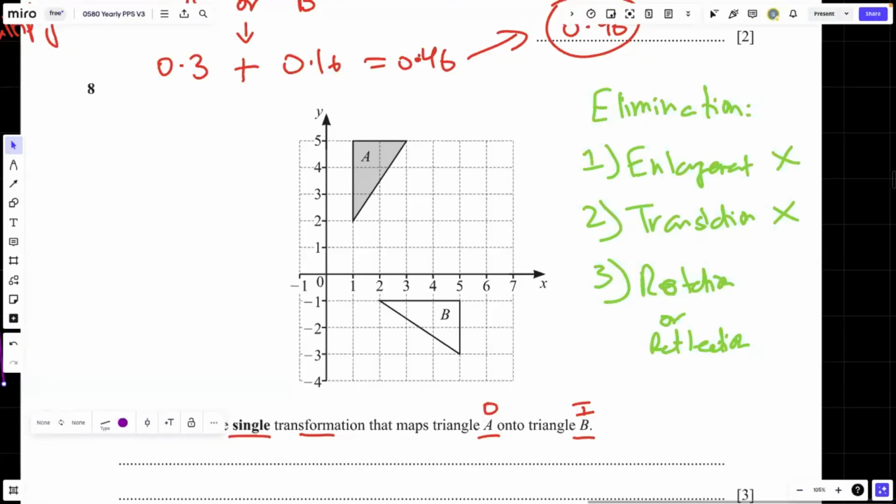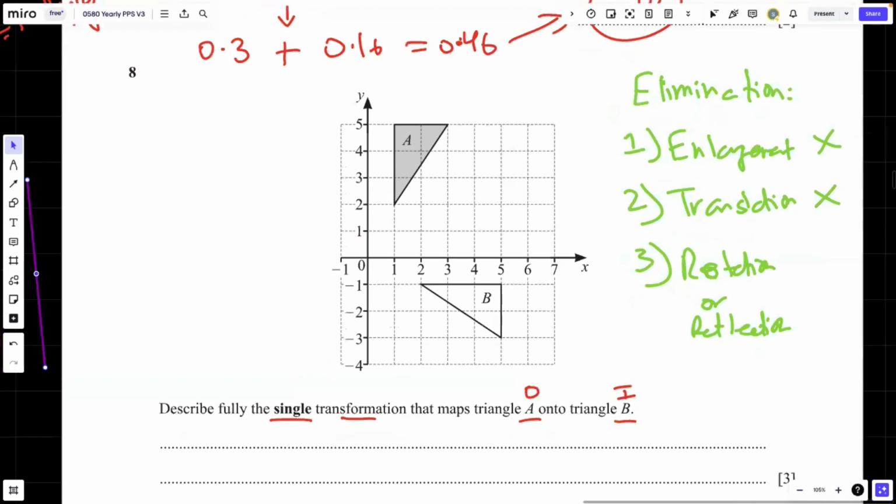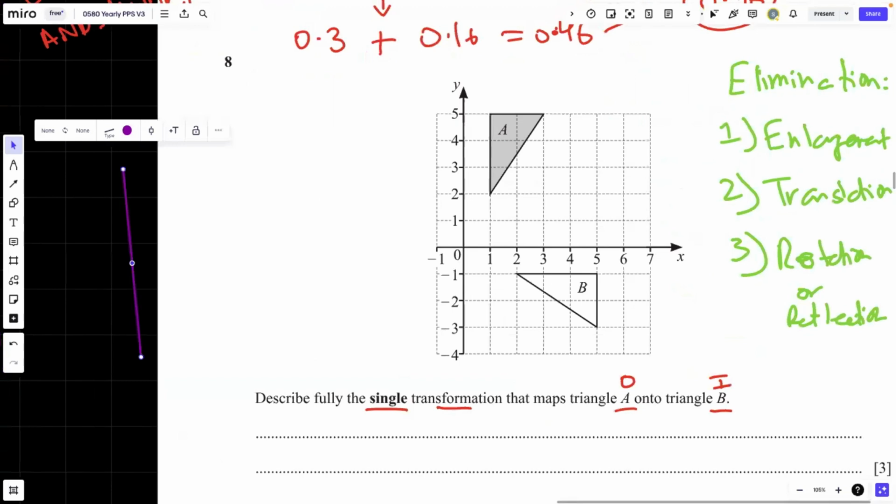So we'll have to join the corresponding points here in order to check whether it's rotation or reflection. So this point is going to be here.